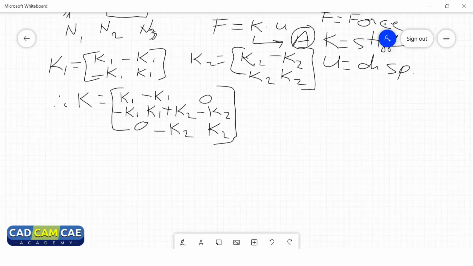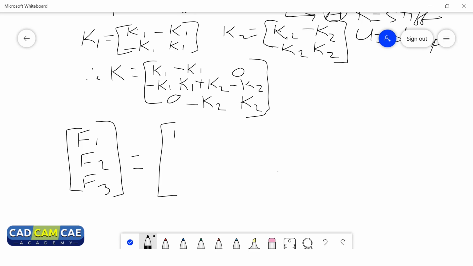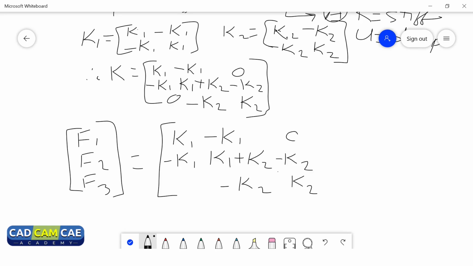We'll write that equation. F1, F2, F3 will be equal to the global stiffness matrix K1, minus K1, minus K1, K1 plus K2, minus K2, minus K2, K2, rest all elements 0, into displacement U1, U2, U3.